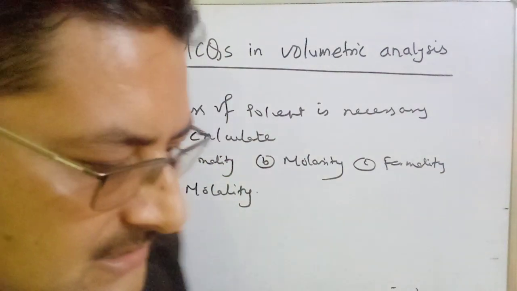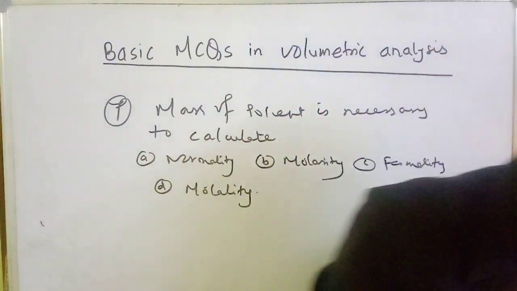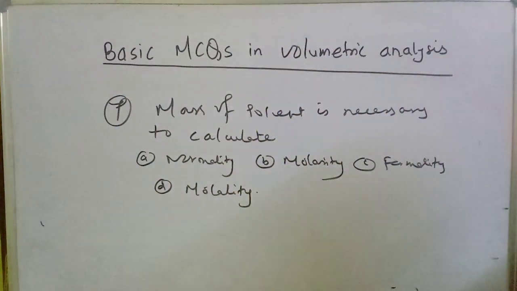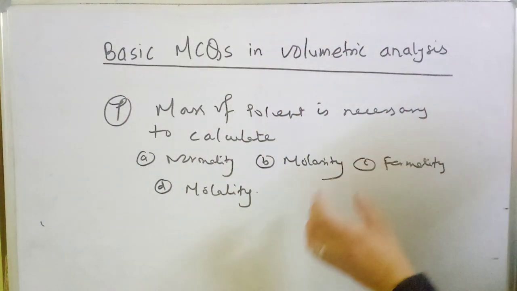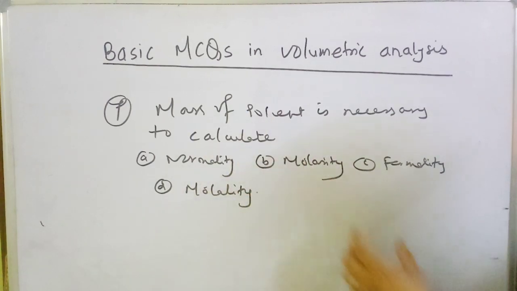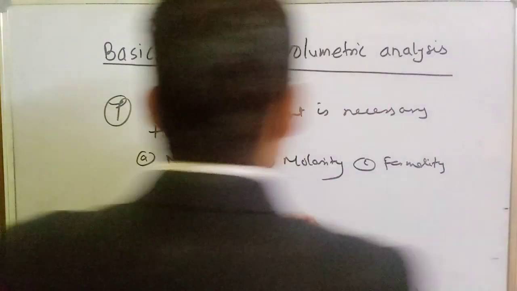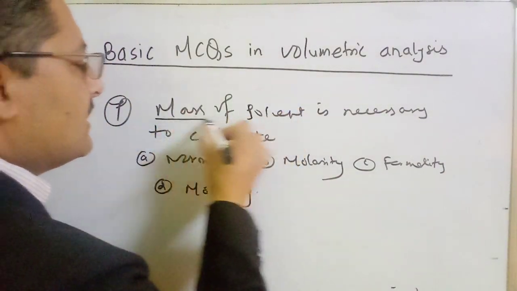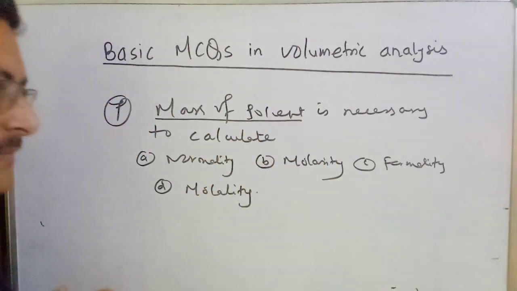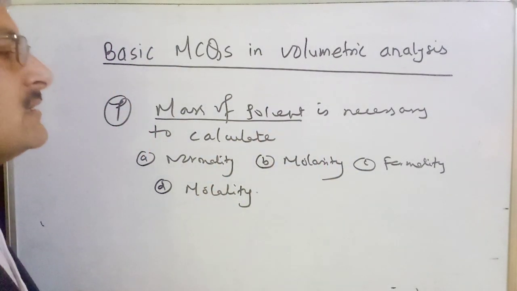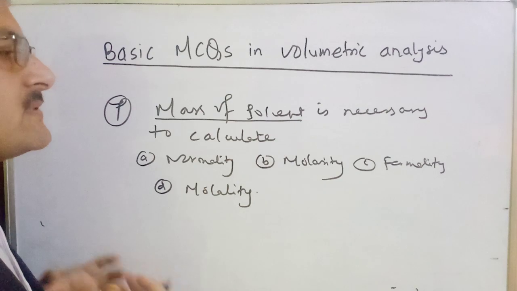To calculate the concentration of a solution, which out of the 4 quantities needs mass of solvent, in kg or in gram? In which term's calculation is mass of solvent necessary?